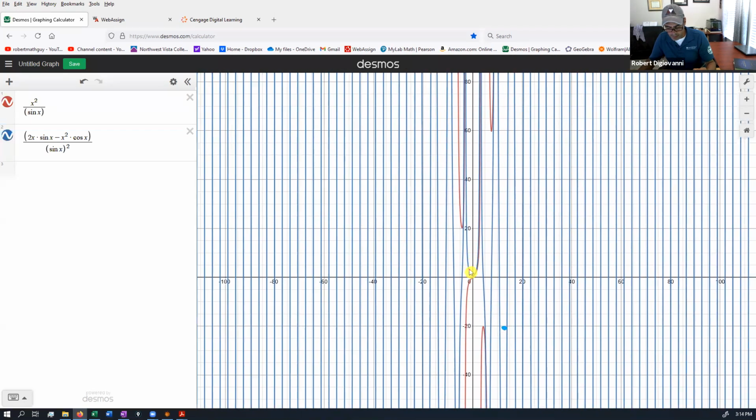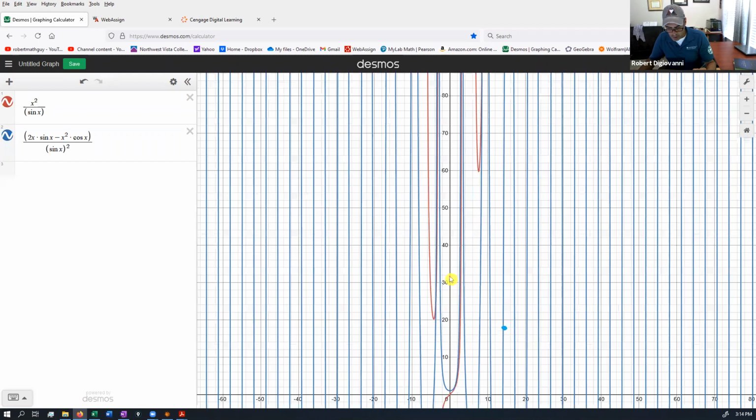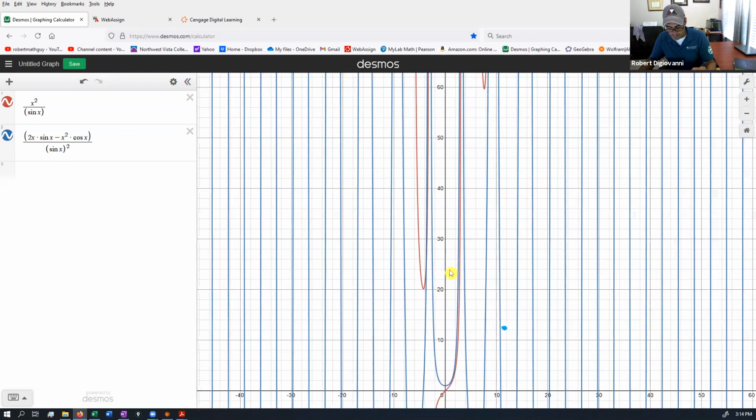Oh, there we go. Okay, clear. If we follow this straight up, you can see that up here is where the slope of the tangent line is 0.